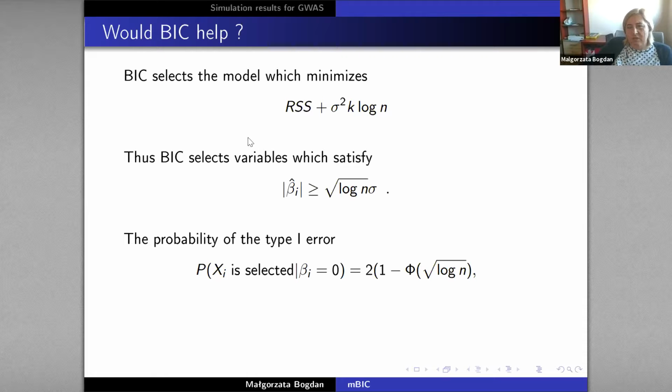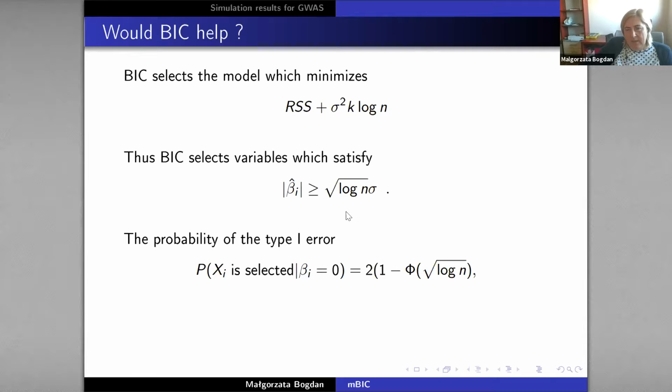And BIC gives you the approximation to the log of this probability. And the penalty here has a different structure. Instead of sigma, you have an additional factor, which is log n. And when n increases, this factor increases.